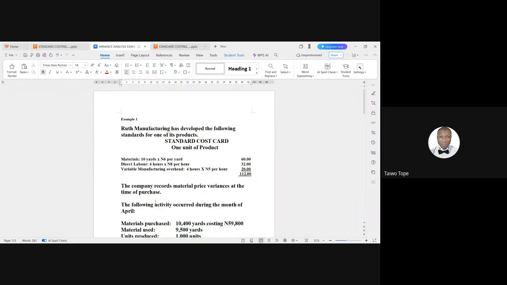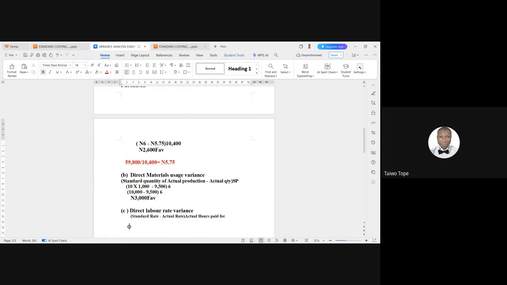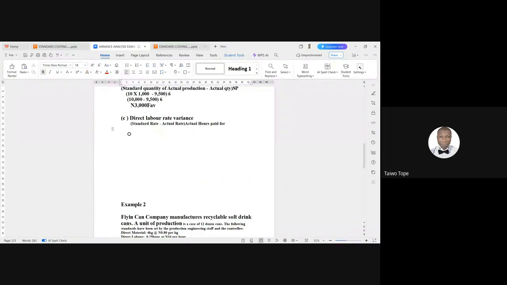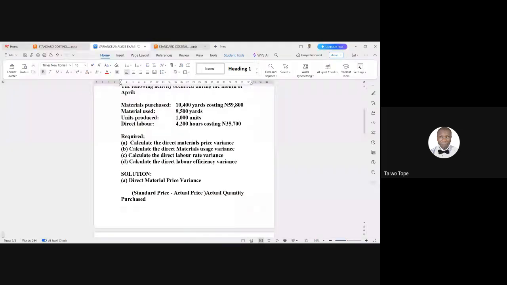Rate is talking about money now. 8 naira per hour. So based on the formula, the standard rate is 8 naira minus the actual rate. The actual rate, let's go and look for it.